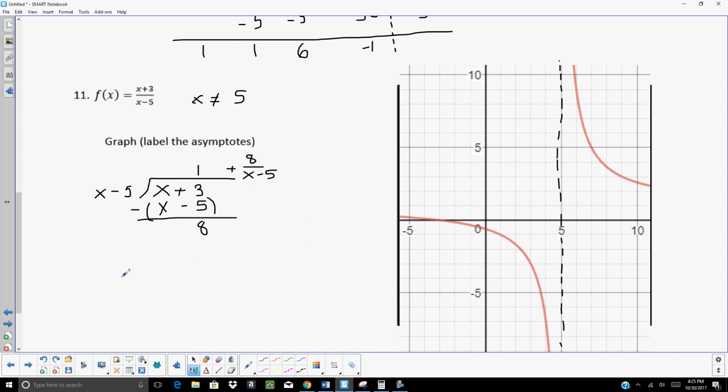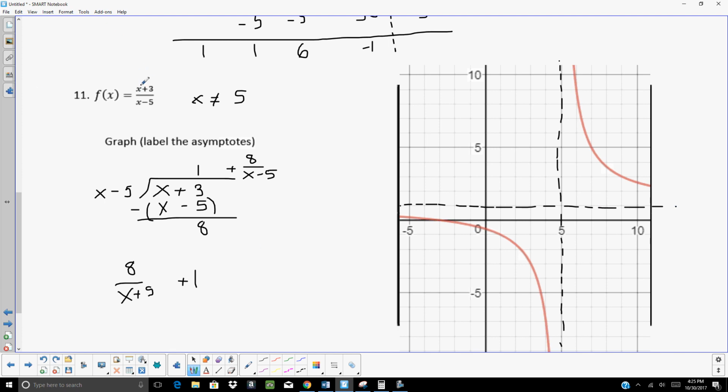So if I were to rewrite that as more of a rational fraction, 8 over x plus 5 plus 1, we know that it's being shifted up 1. So you're going to have a horizontal asymptote at 1.